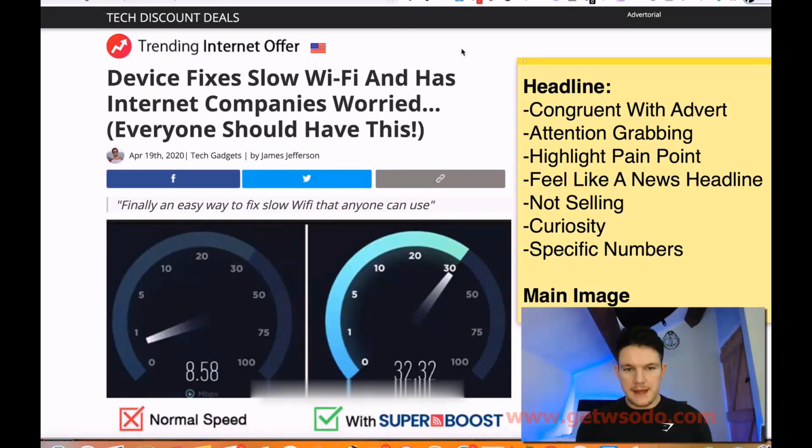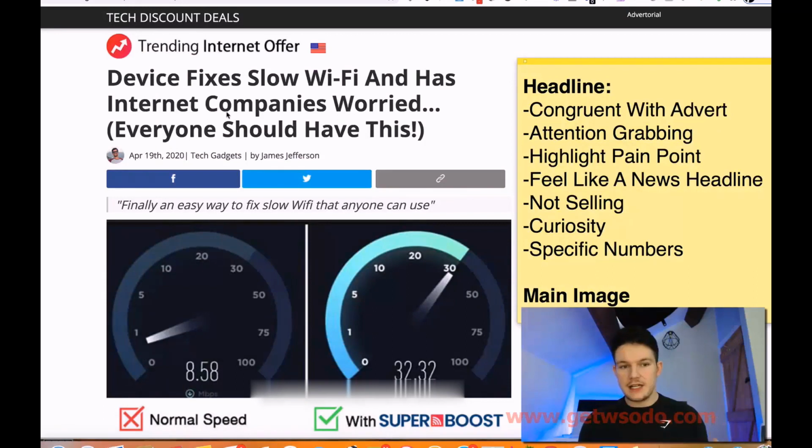So first of all, the main thing is the top of it, which is the headline. And this is the first thing that the user's going to see when they click on the page. So this is the most important. And when you actually do find a winning landing page that is working well, then you get to a stage where you can just split test headlines against each other and actually find the very best headline.